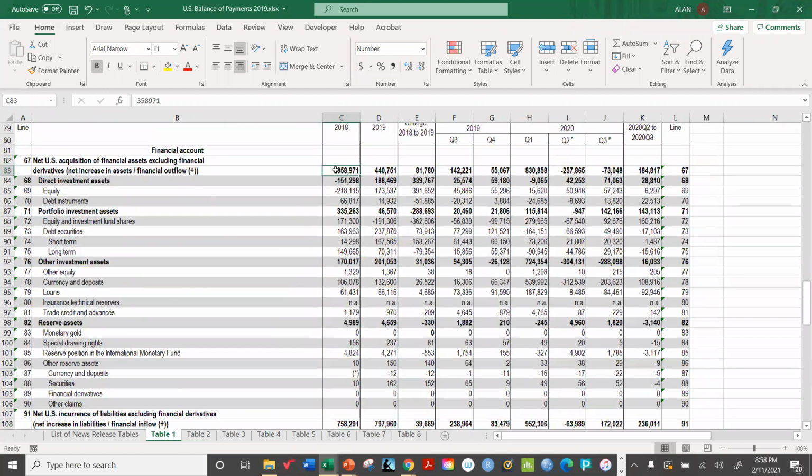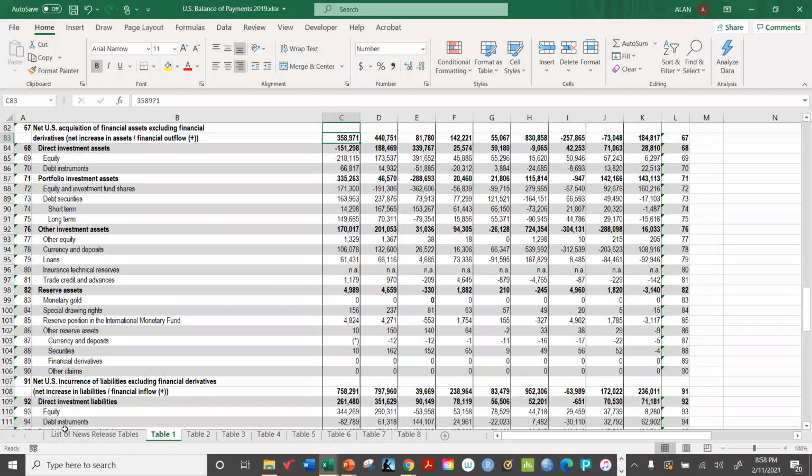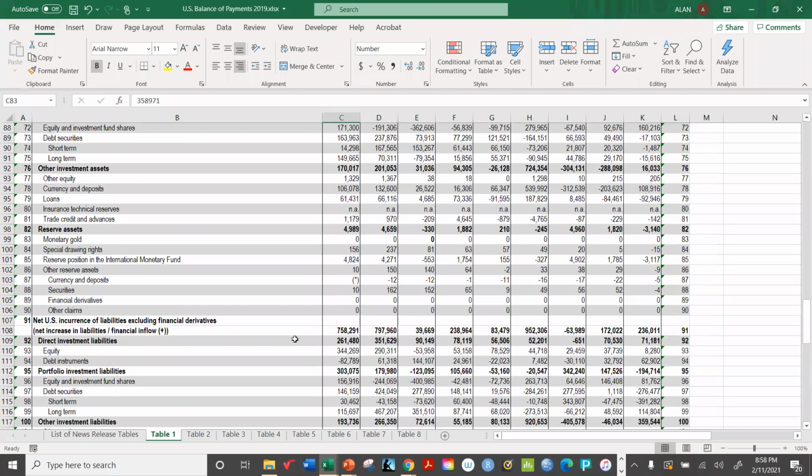Let me just see if these add up properly. 358,971 minus 758,291.